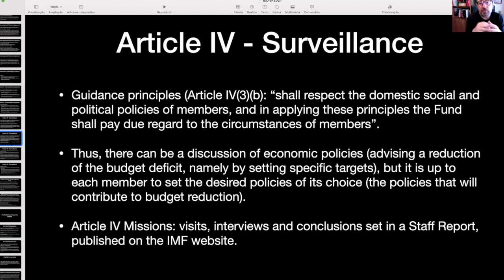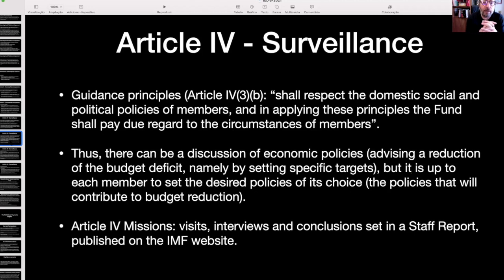This changes because since these policies may have an effect on the exchange rate, and thus on exchange regimes and on international trade, then this becomes part of something that may be discussed by the IMF.